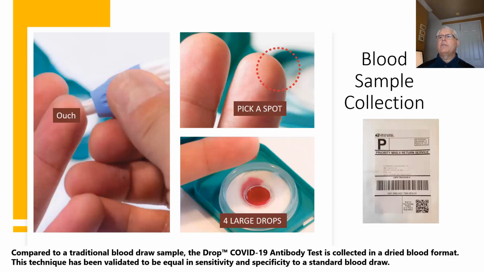Okay. All right. So what's involved with the sample? So first thing is you're going to pick a spot on your finger. You're going to prep your finger. The kit comes with an alcohol prep pad. Clean off your finger. The kit also comes with a lancet, and you're going to get a quick little puncture wound, and then you just kind of let 4 drops of blood fall into this sample medium.